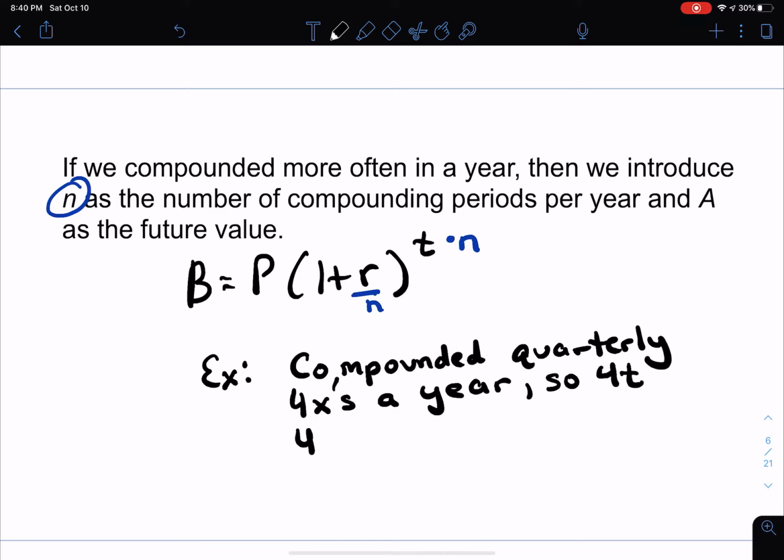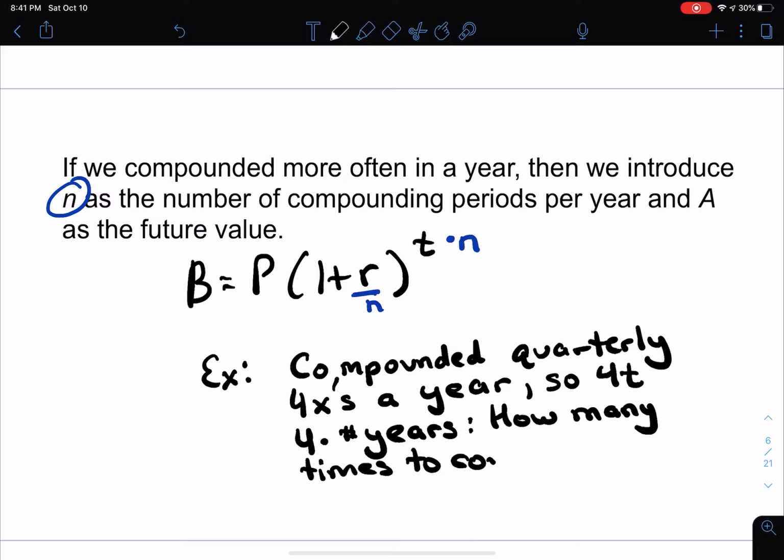And then 4 times the number of years is how many times to compute the interest. And then the r over 4 will change the yearly rate to a quarterly rate.